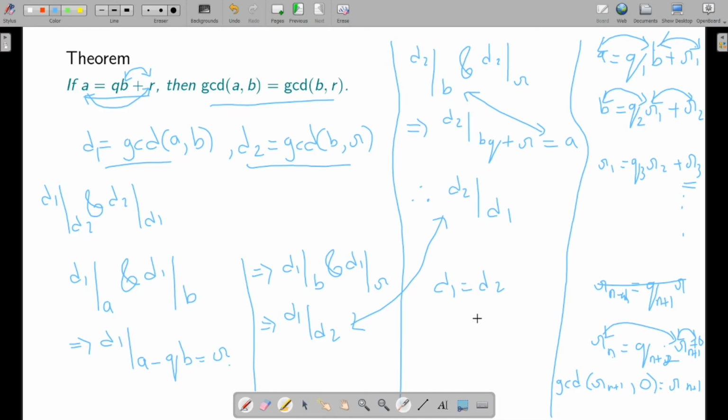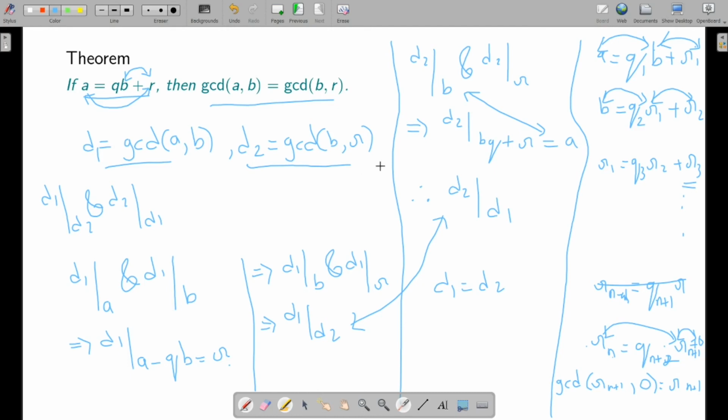The GCD of any number and 0 is the number itself, or the modulus of the number. So this will give us the GCD. If we keep doing this and catch hold of the final last remainder, that will give us the GCD. That's how we catch hold of the GCD of two numbers.